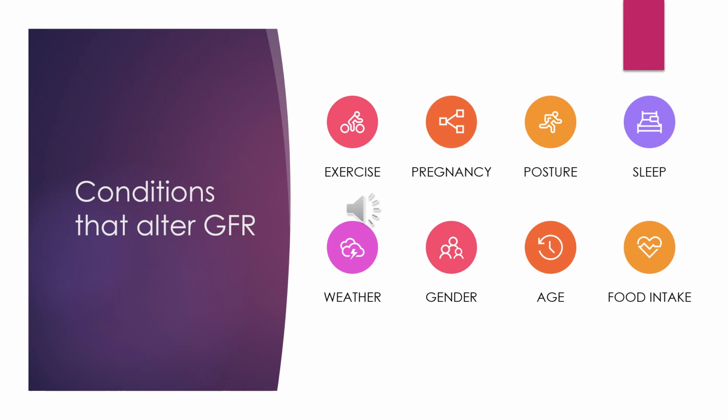Because in summer, much water will be lost from the body, and hence the ECF volume will be reduced, and thus the glomerular filtration rate too. But in winter, this water loss is less, and hence the ECF volume also is not much altered, thereby GFR is not affected much.